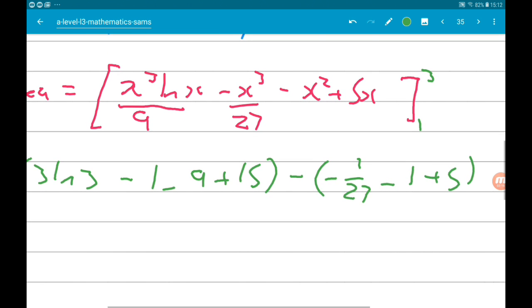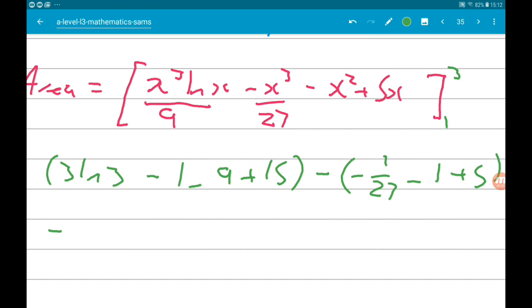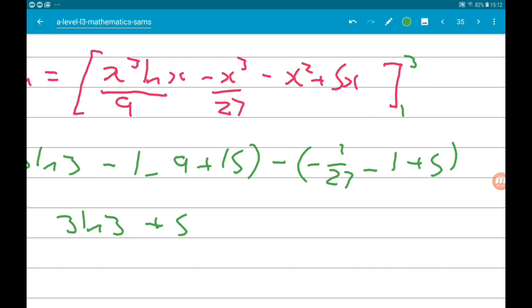Okay, so we have 3 log 3, minus 1 minus 9 add 15 is 5, and then we have minus a 27th, so that's add 1/27.